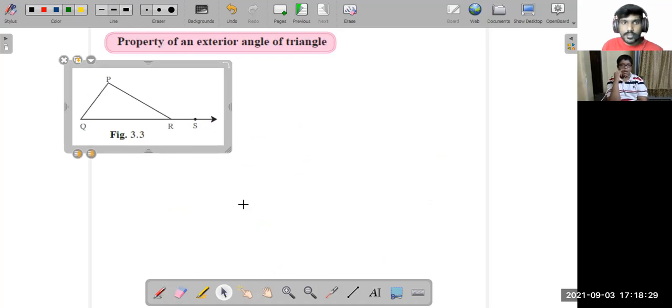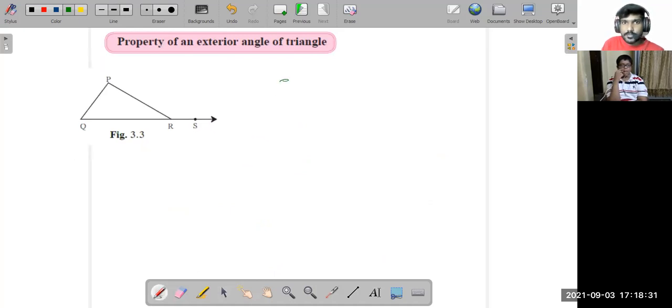In this triangle, can you tell me which is the exterior angle?